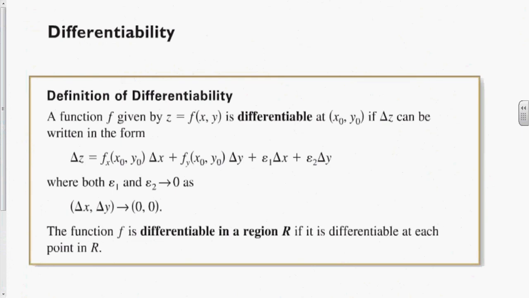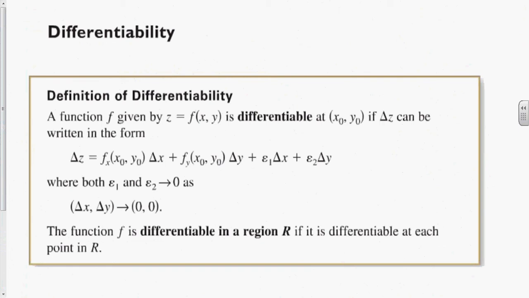We can write it as the partial of f with respect to x at some point times delta x plus the partial of f with respect to y at the point times delta y plus some epsilon sub 1 times delta x plus some epsilon sub 2 times delta y.